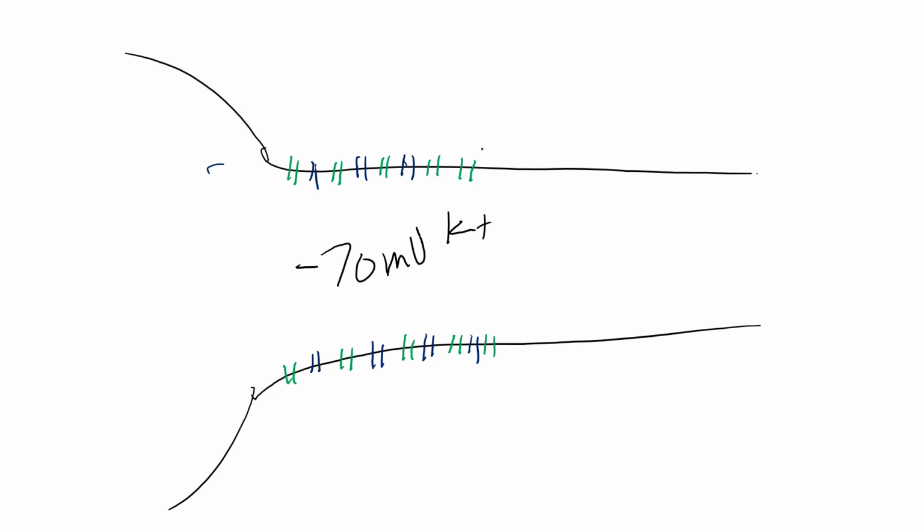There's an analogy that I think is somewhat helpful. Imagine you have two stadiums. Each stadium has 50,000 people within it. Okay? Imagine people and potassium ions are the same thing.